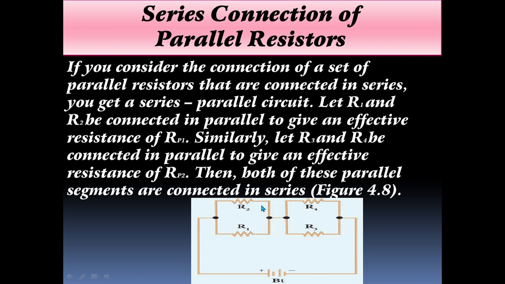Let R1 and R2 be connected in parallel to give an effective resistance of RP1. RP1 means effective parallel resistance of this set. Then similarly, the second set: let R3 and R4 be connected in parallel to give an effective resistance of RP2.